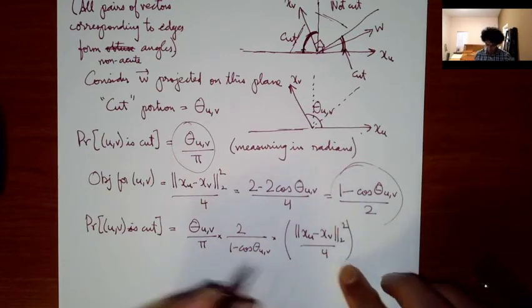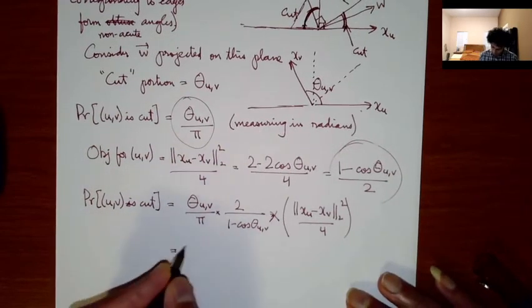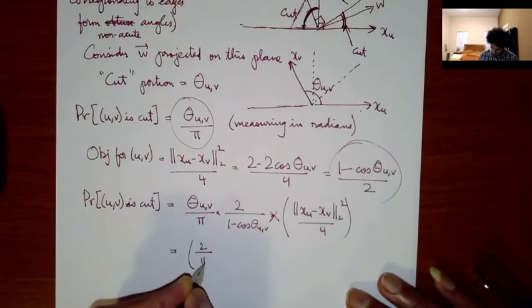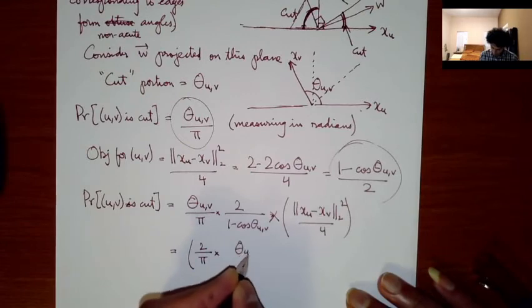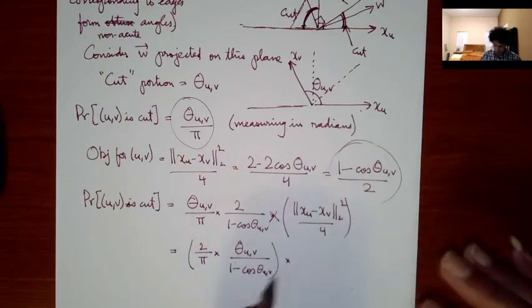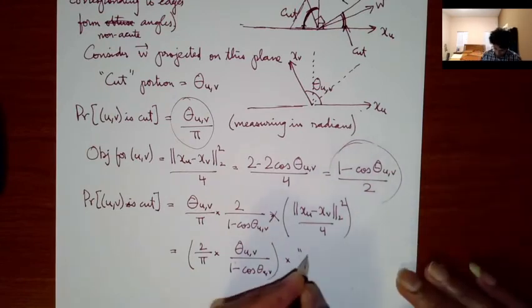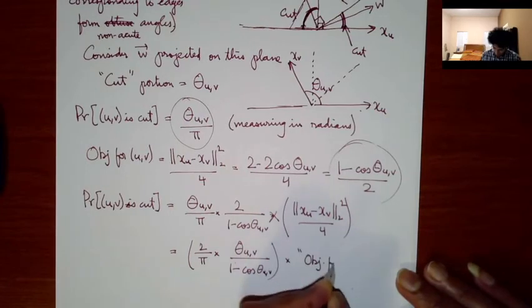This is what I get from the objective. I'm just rewriting this, so I get this bizarre function: 2 divided by pi times theta UV divided by 1 minus the cosine of theta UV, times this, which is like the objective for UV.